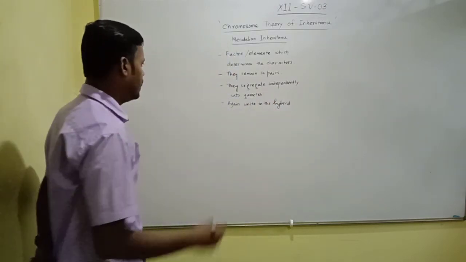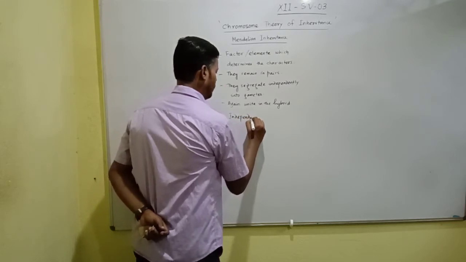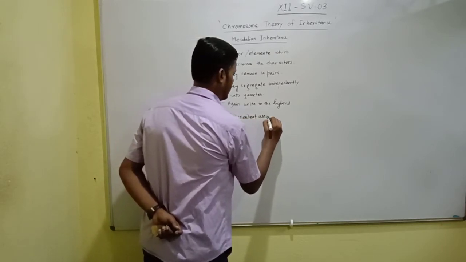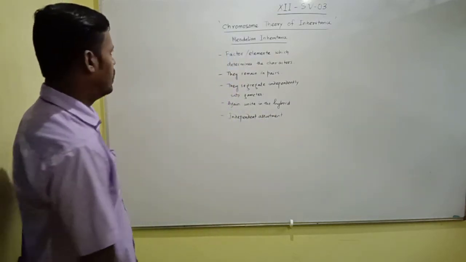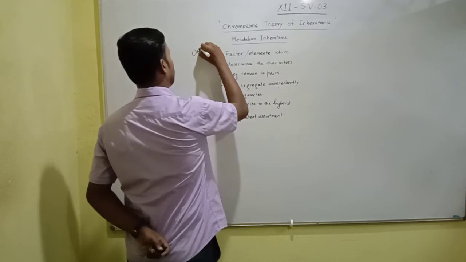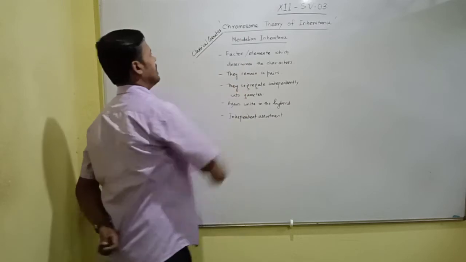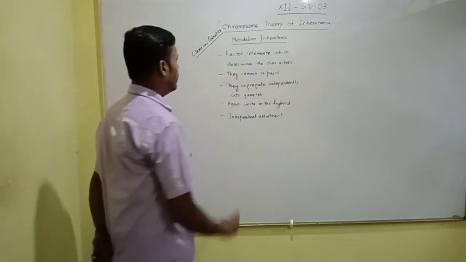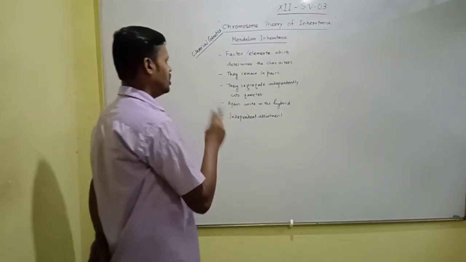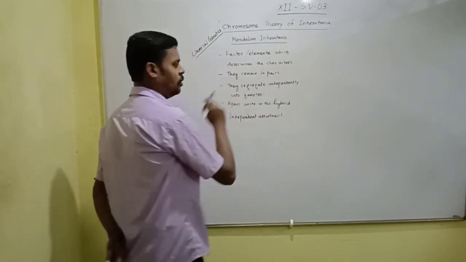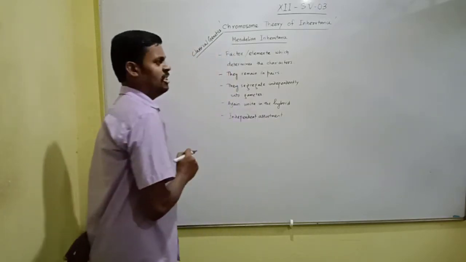On selfing, they show independent assortment. So this is your Mendelian inheritance. It is also classical genetics, as there was no development of tools and techniques. So the classical concepts of Mendelian inheritance are that factors are responsible for the characters, they exist in pairs, they segregate independently into gametes, and again unite in the hybrid and exhibit independent assortment.